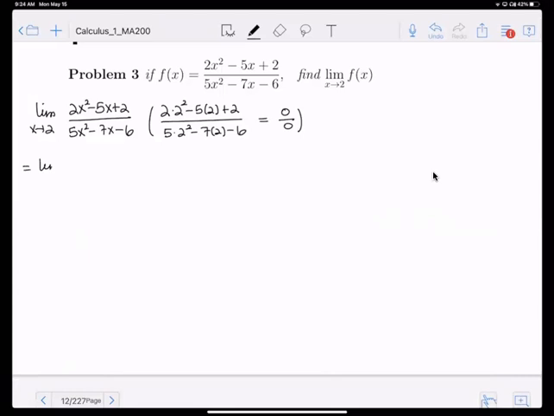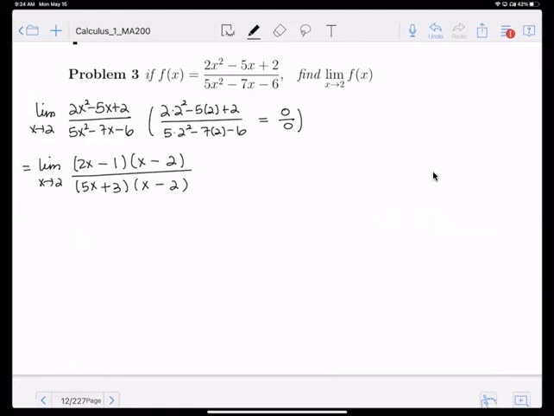So we write the limit as x approaches 2. Let's look at the numerator. Is it factorable? 2x and x, because 2x squared, and we have 2 and 1, negative, negative. First term, outer term, inner term, last term works. For the denominator, 5x and x, and we have a 2 and a 3, negative and positive.